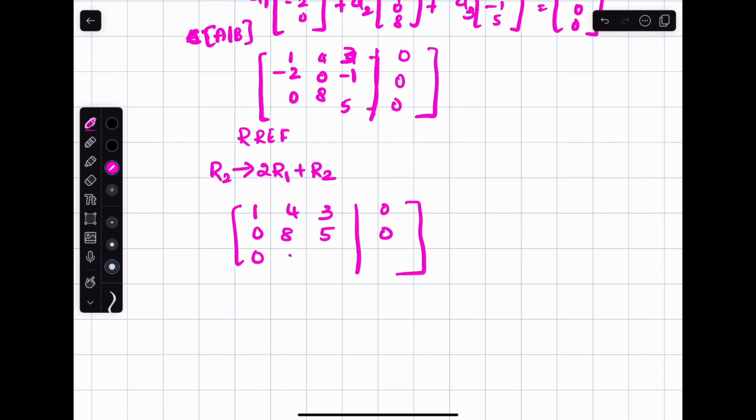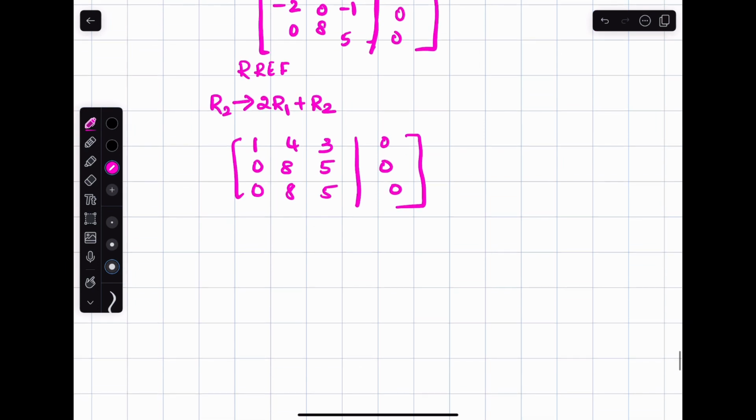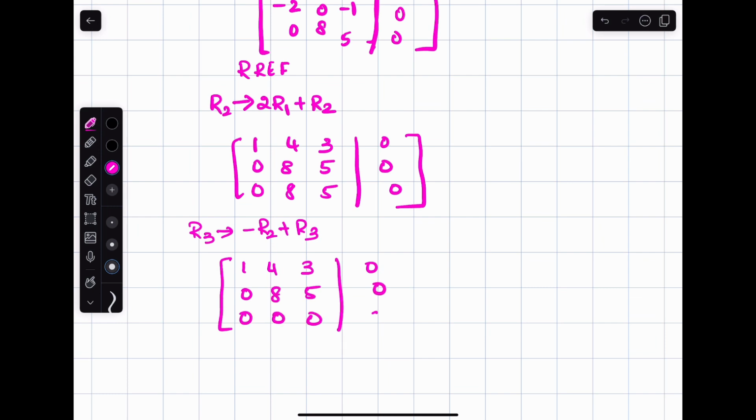Now I will change the third row: row 3 changes to row 3 minus r2. So we get 1 4 3 0, 0 8 5 0, 0 0 0 0.